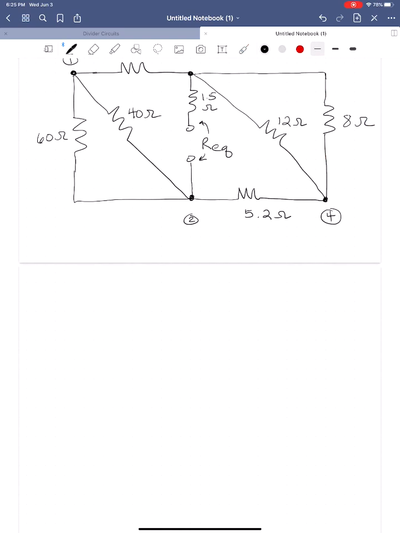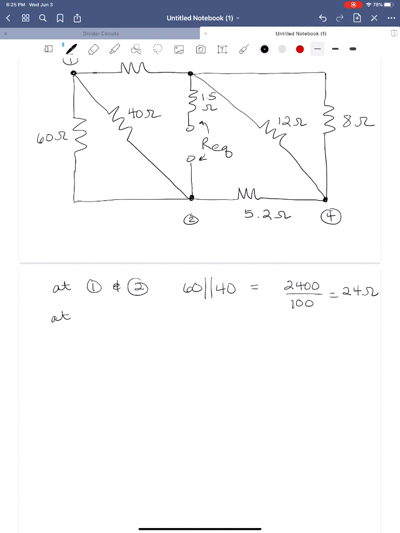So at 1 and 2, we have 60 in parallel with 40, which is equal to 2400 divided by 100, or 24 ohms. We're not going to lose any nodes when we make a parallel connection.